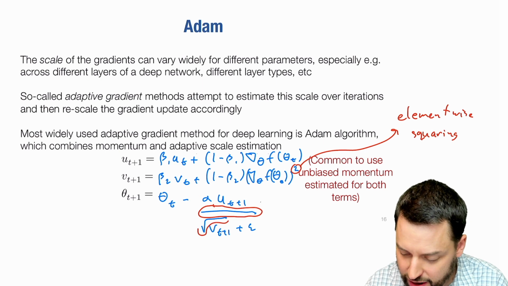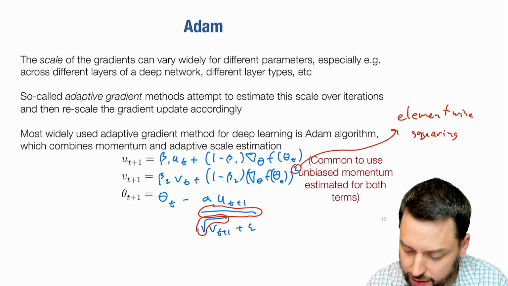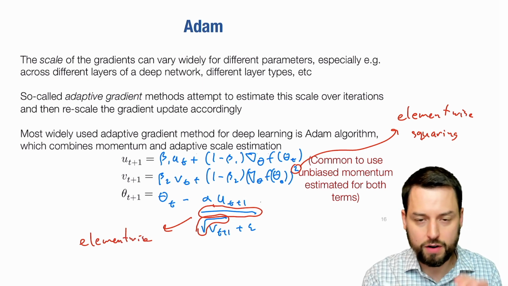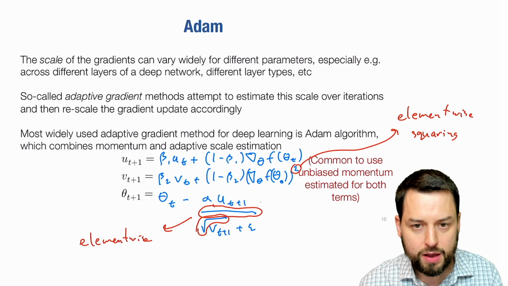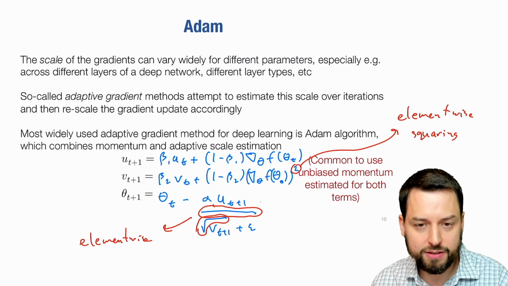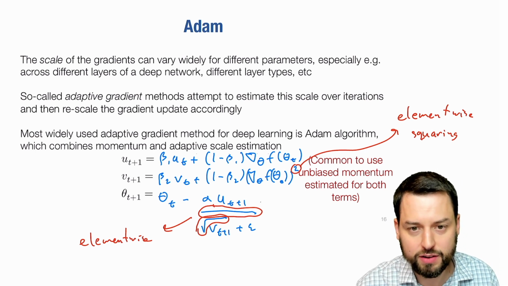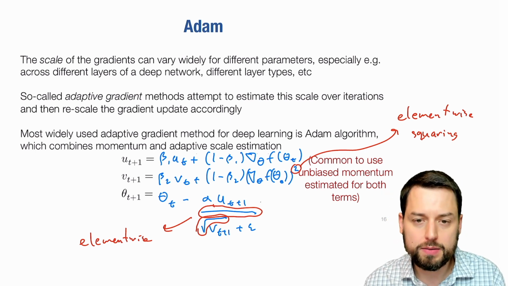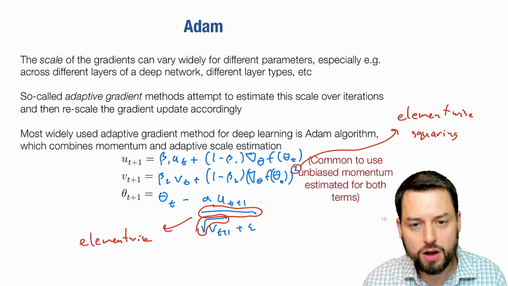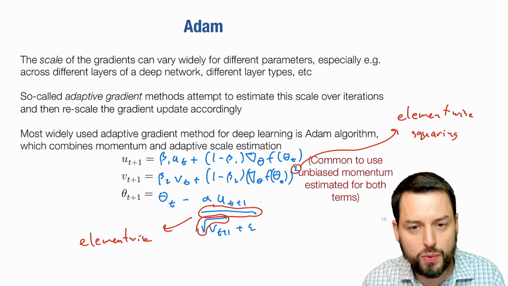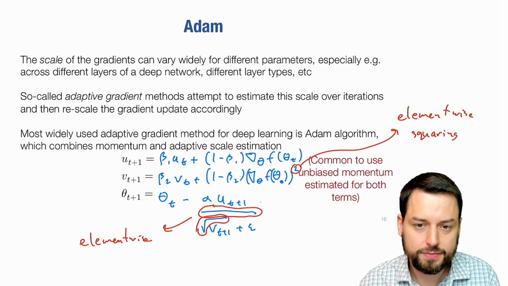Both the division and the square root are also done element-wise. So we're taking each component of our momentum term and scaling it by its average magnitude, really the square root of its average squared values. What that does is put all the gradient terms onto a similar scale.